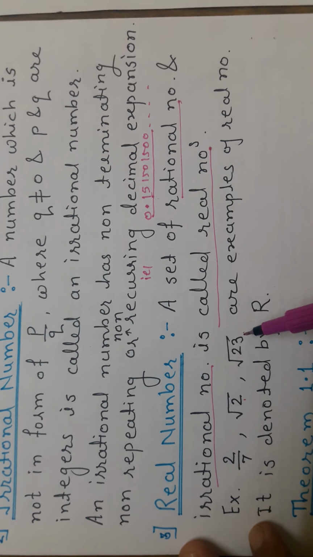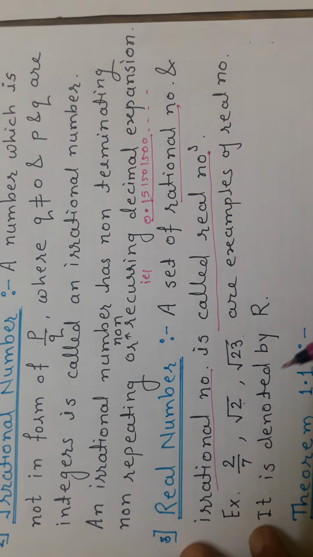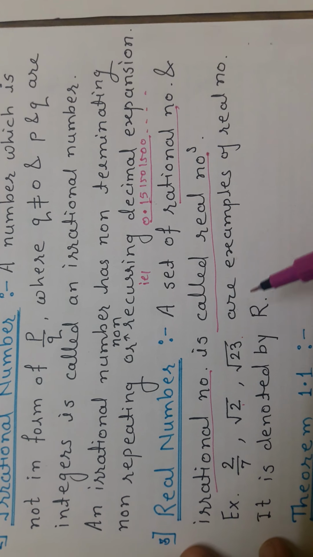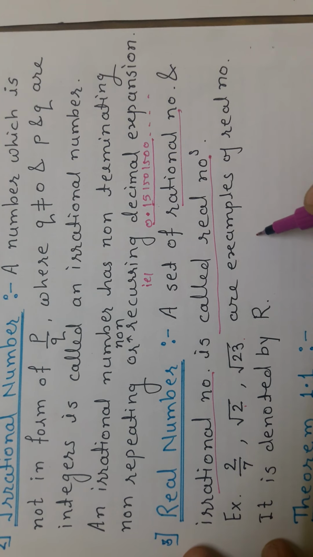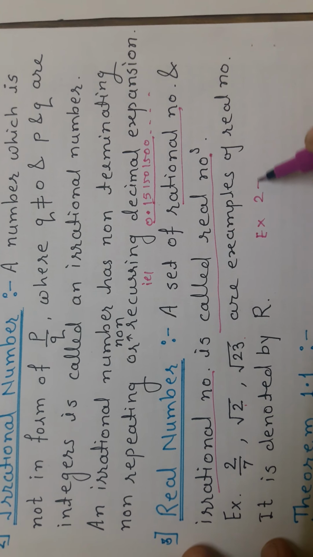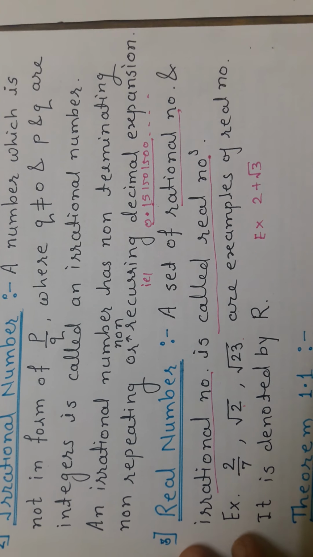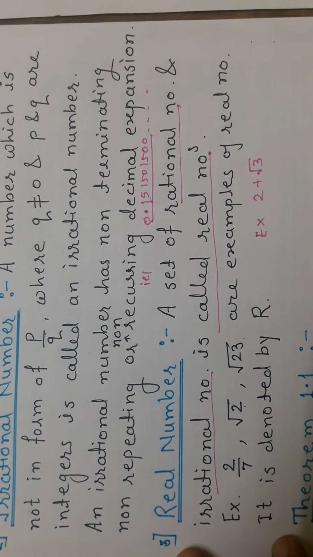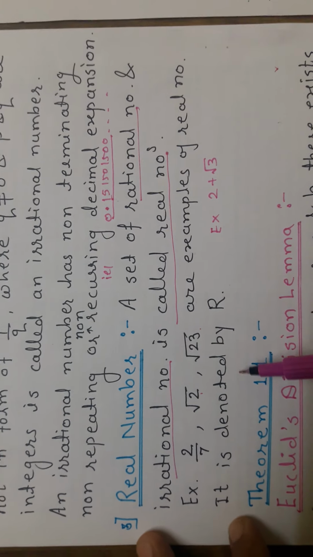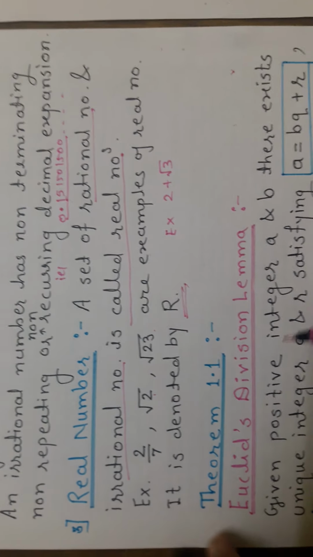Root 23 is also a real number and irrational number. Real numbers include rational and irrational numbers. For example, 2 plus root 3 is a real number. These are examples of real numbers. It is denoted by capital R.